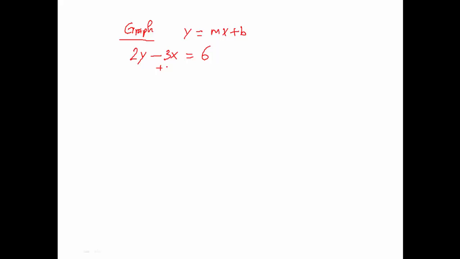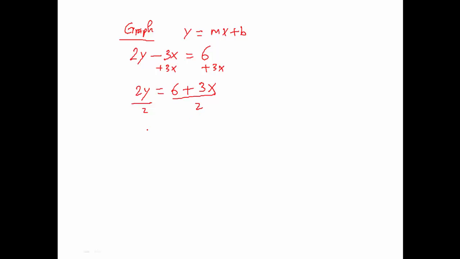So plus 3x on both sides, right? You want to keep only the y on the left side. If you do that, you get 2y equals 6 plus 3x. Now, how do I solve for y? I divide by 2 on both sides.